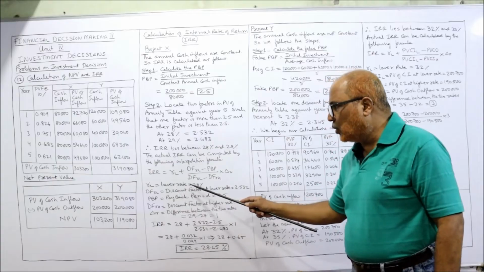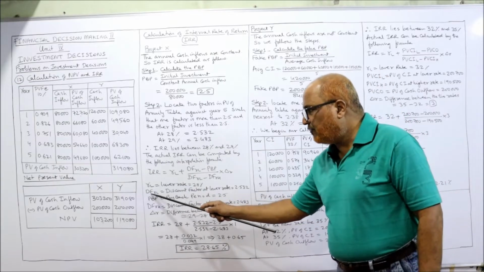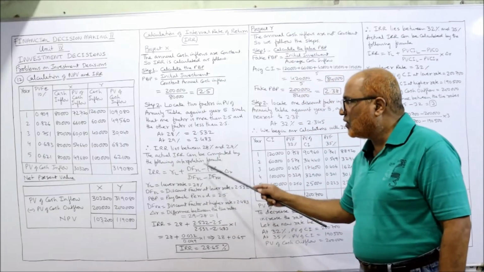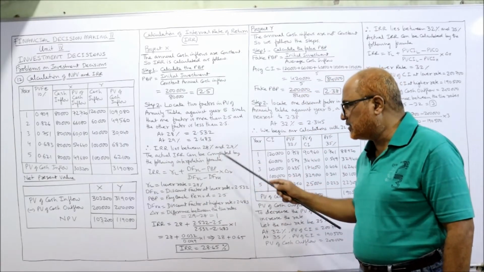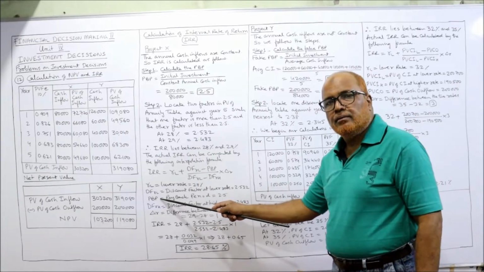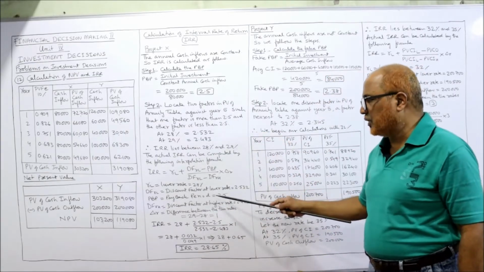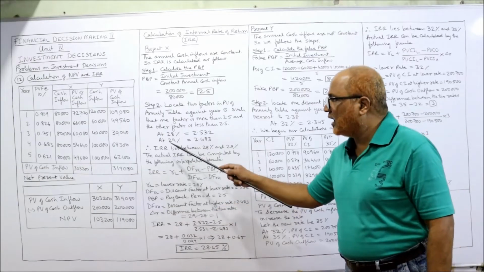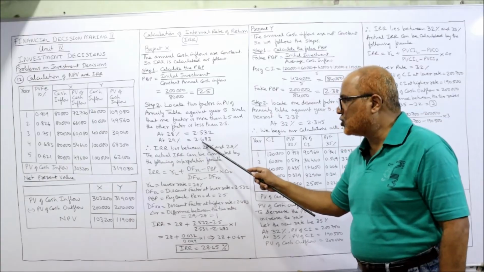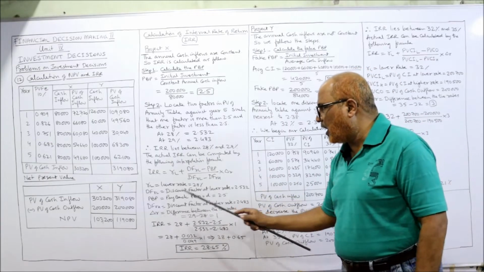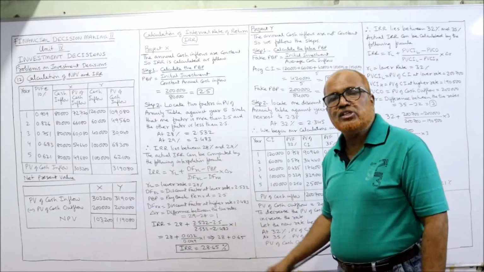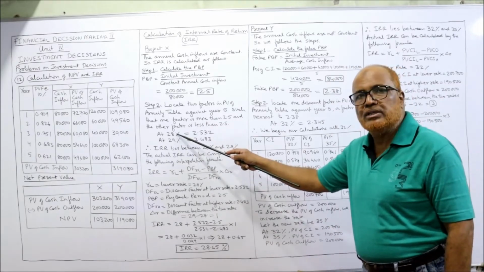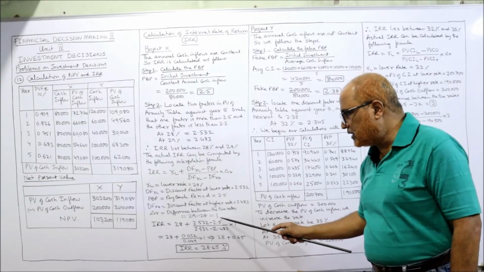DFRL is the discount factor at the lower rate, 2.532. PBP, the payback period, is 2.5. DFRH, the discount factor at the higher rate of 29%, is 2.483. And delta R is the difference between the two rates, 29 minus 28, which is 1.